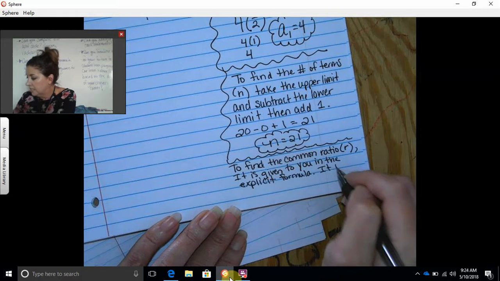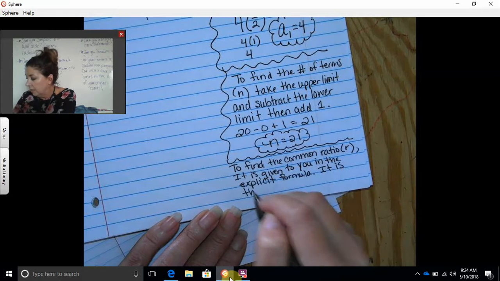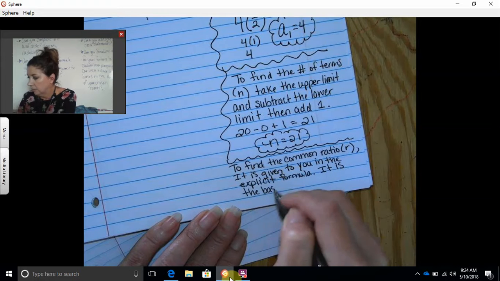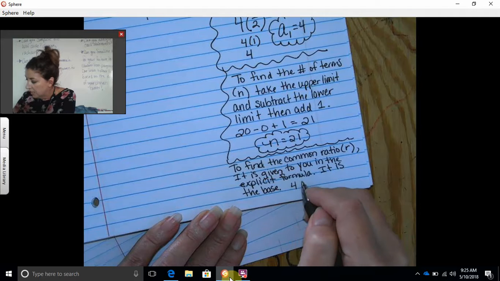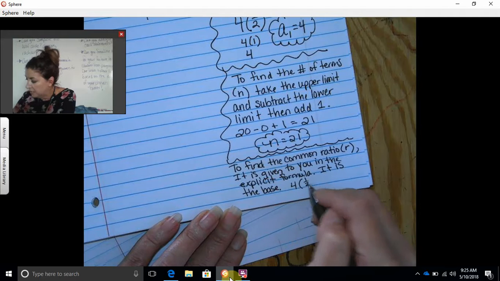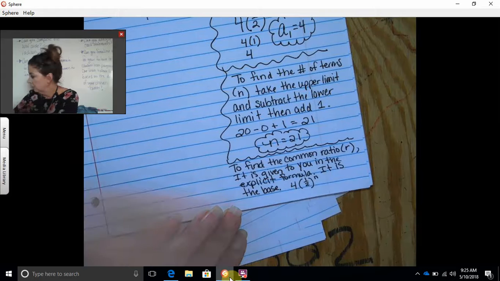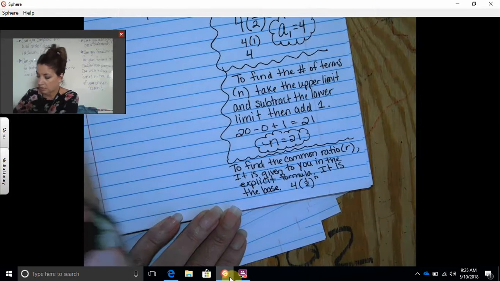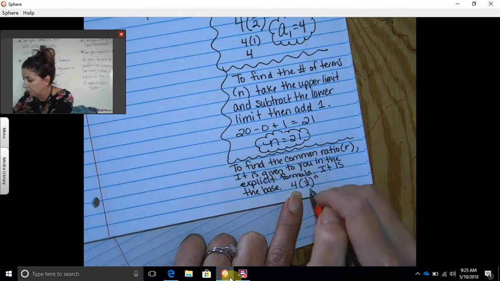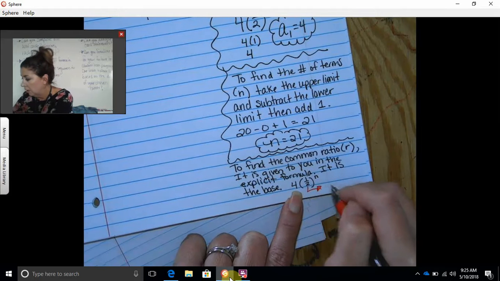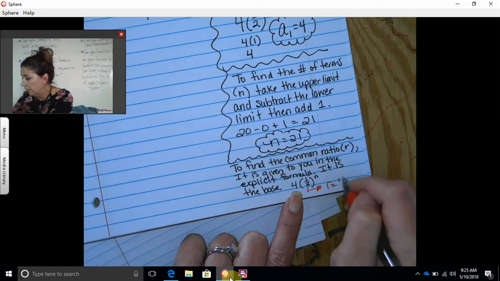It is the base. So in this case, we have 4 times 1/2 raised to the n. The base is 1/2. That is our common ratio. R equals 1/2.